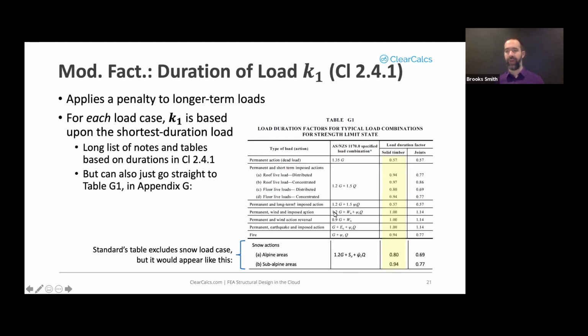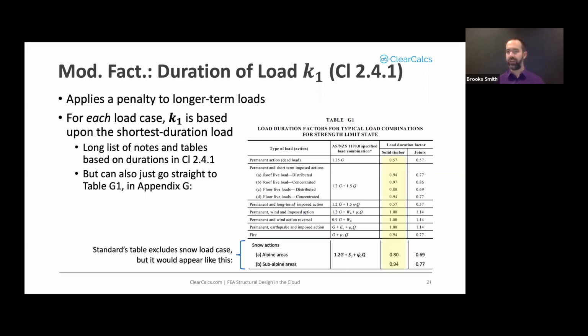Next, the duration of load factor, the K1. This factor applies a penalty to longer term loads. Timber is able to withstand impacts or other shorter term loads much more easily than it can longer term loads, permanent loads that are on top of it. So for each load case, clause 2.4.1, the main clause talking about modification factors, gives you a long list of notes and tables based upon durations that you can go through to find out what the appropriate K1 factor is for each load case.